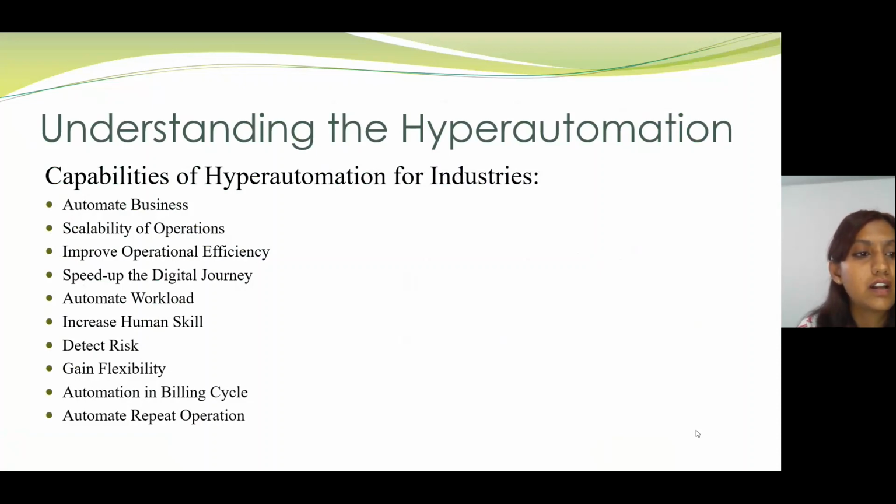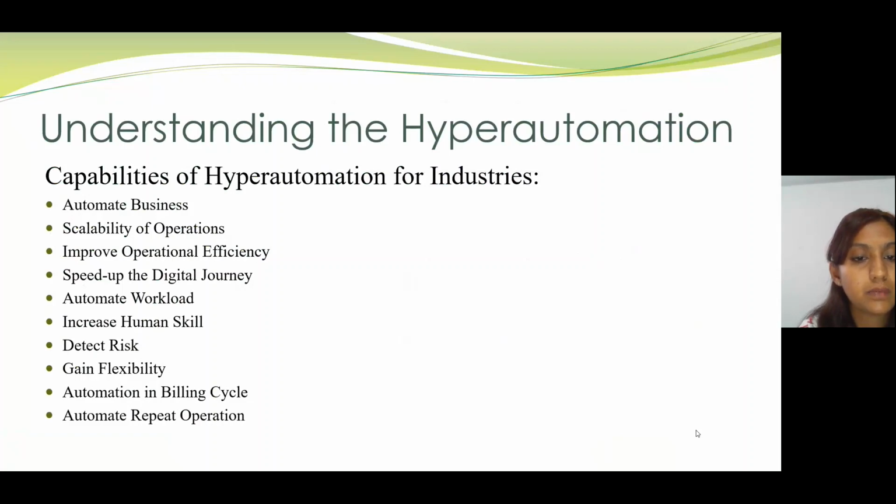So there are some key elements present in the capabilities of hyperautomation for industries: automate business, scalability of operations, improve operational efficiency, speed up the digital journey, automate the workload, increase human skill, detect risk and gain flexibility, automation in the building cycle, and automate repeat operations.